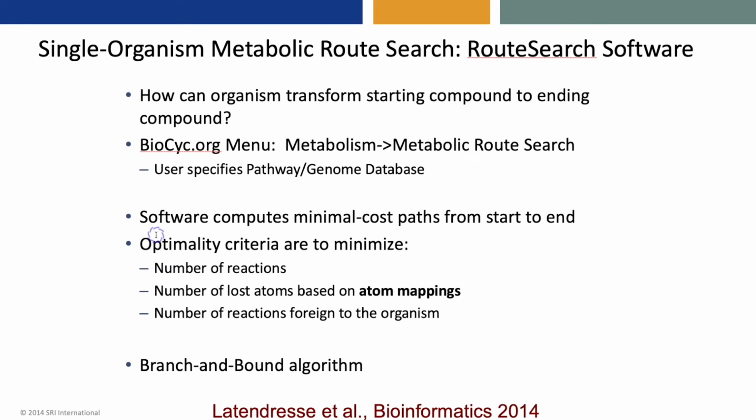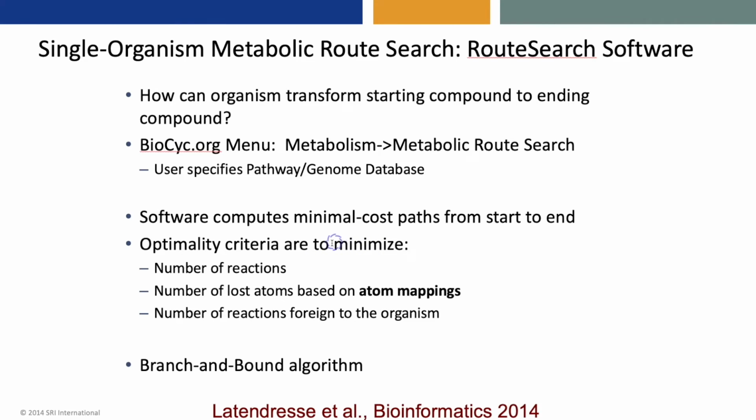And so we built on a single-organism metabolic route search tool, present in Pathway Tools, that asks how a single organism can transform a starting metabolite to an ending metabolite. What the software does is compute a minimal cost path through the metabolic network from the starting metabolite to the ending metabolite.